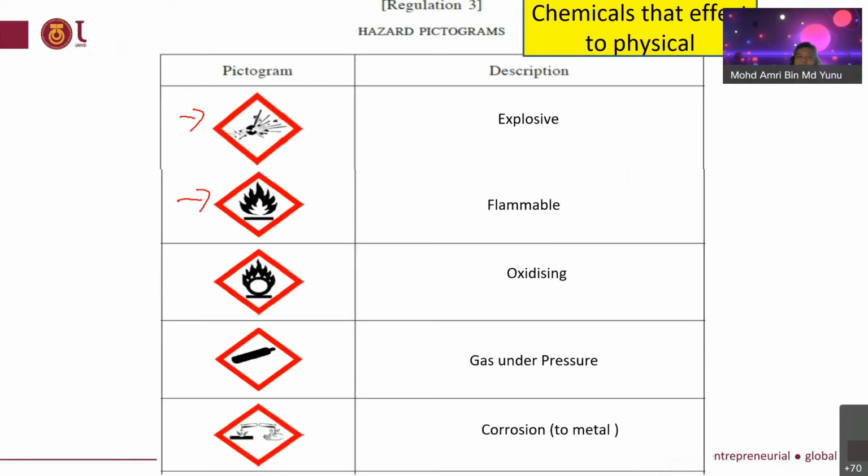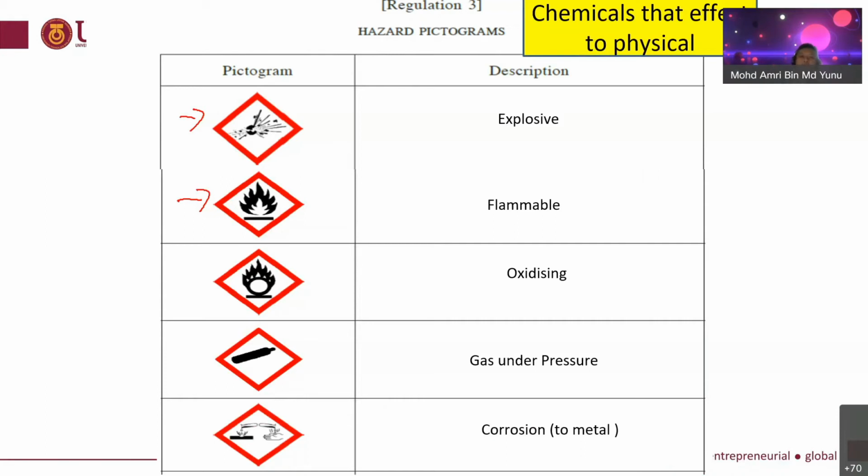But these are the descriptions or the meaning of the pictograms. It can be either on the MSDS or on the label. So labeling is basically the short version, but the long version of the chemical information is in the MSDS.